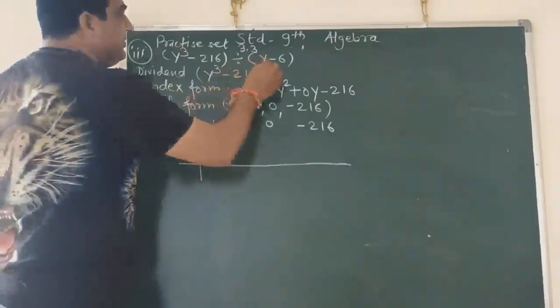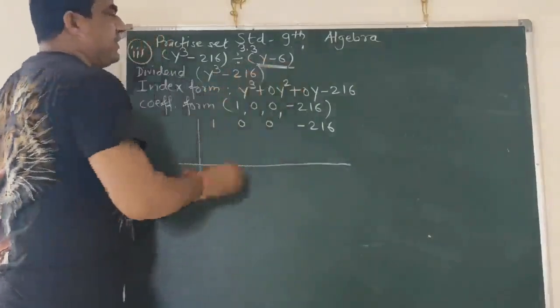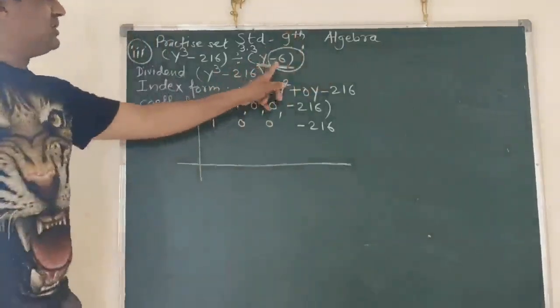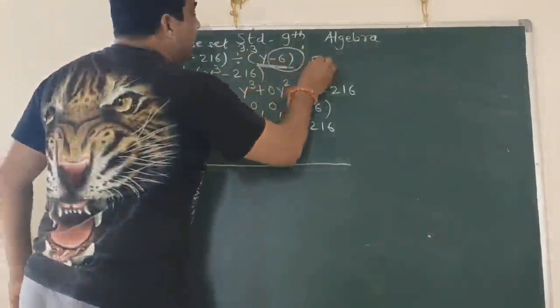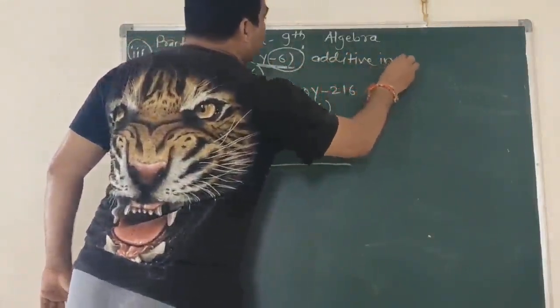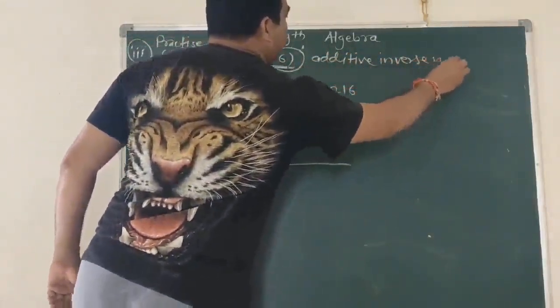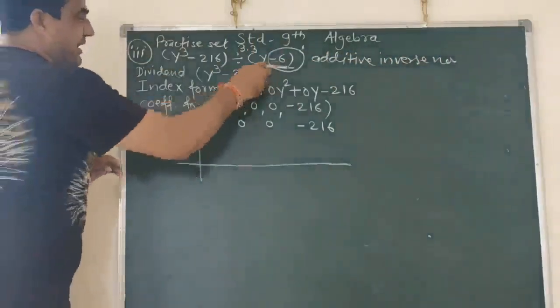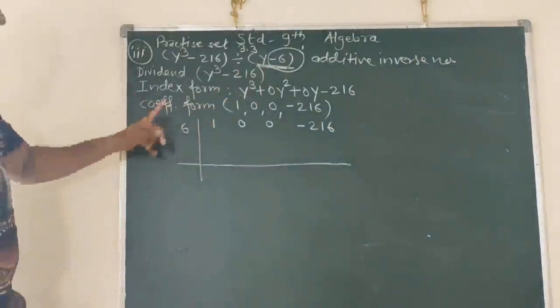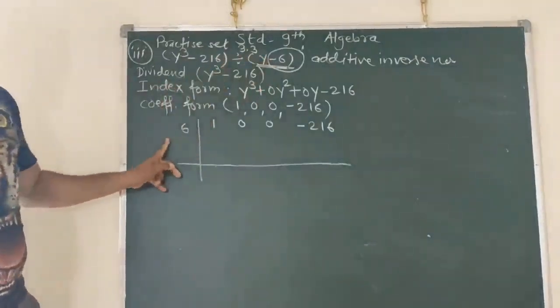So here, check this number and write its additive inverse here. Here it is minus 6, so here will be plus 6. You have to write its additive inverse number here: plus 6.